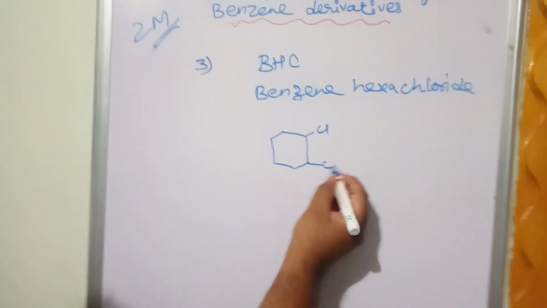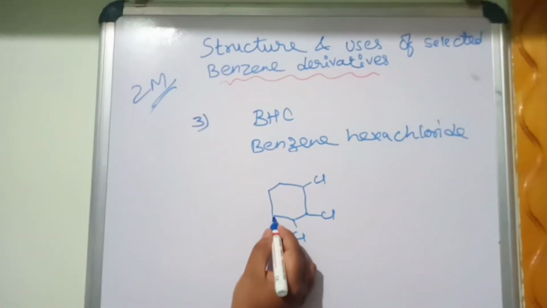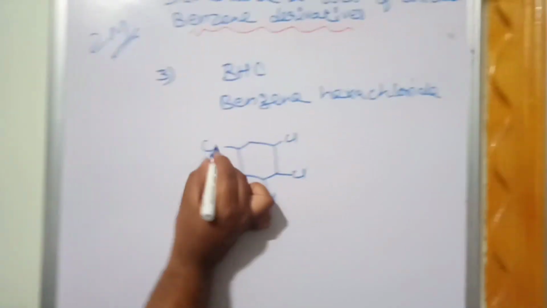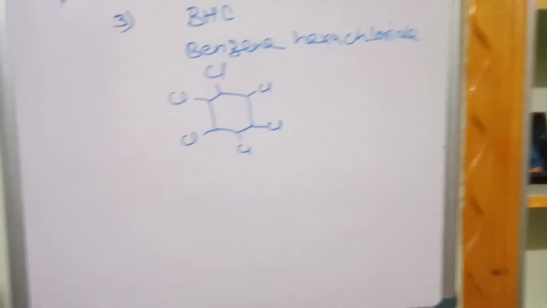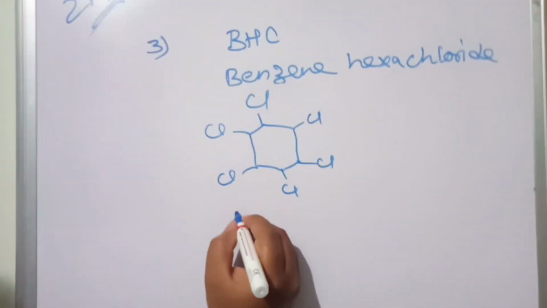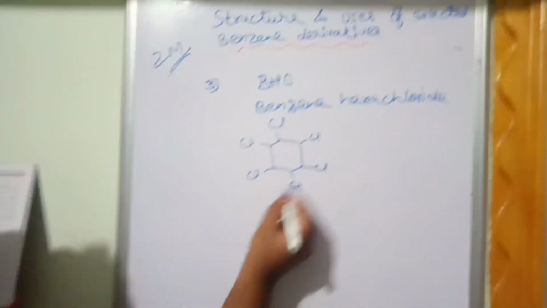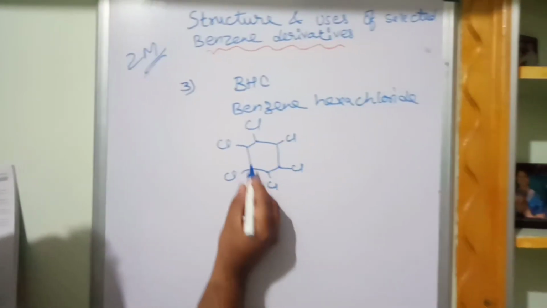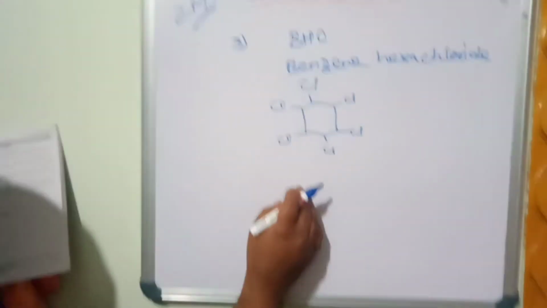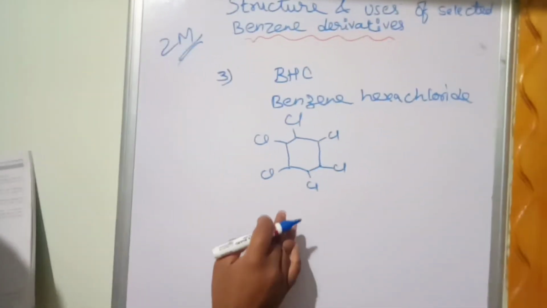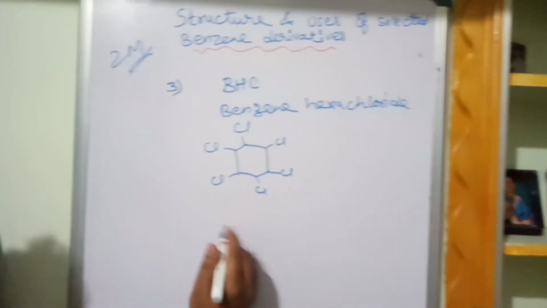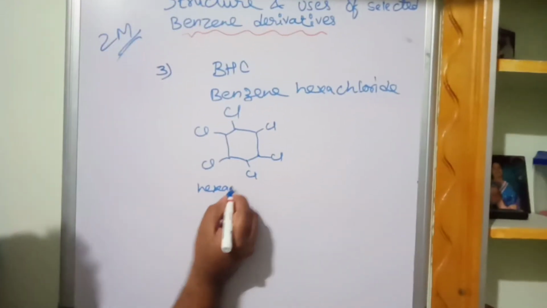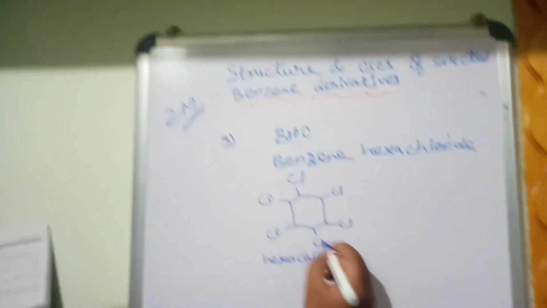Cyclohexane hexachloride means all 6 positions there is a chlorine group, and this structure is called as benzene hexachloride. In other words, we term it as hexachlorocyclohexane. Hexachloro means 6 chlorine.